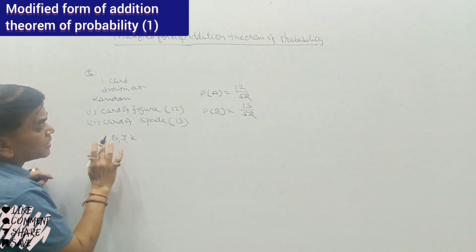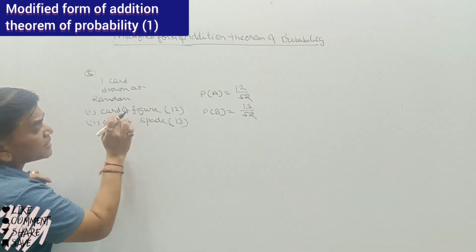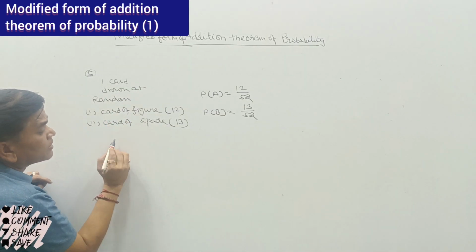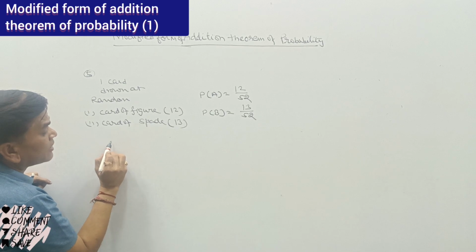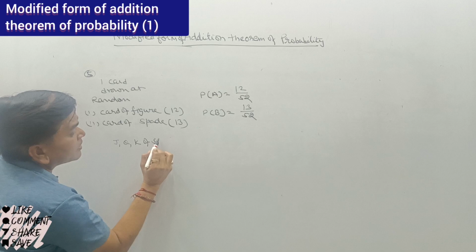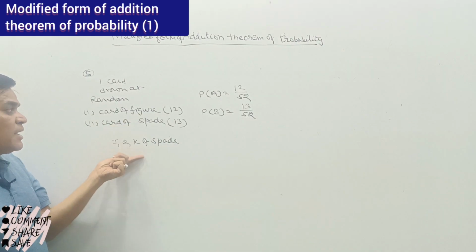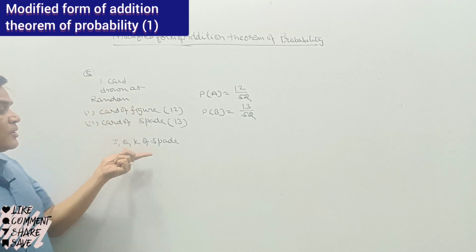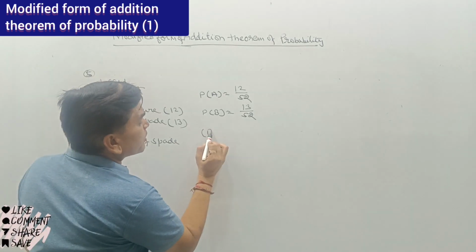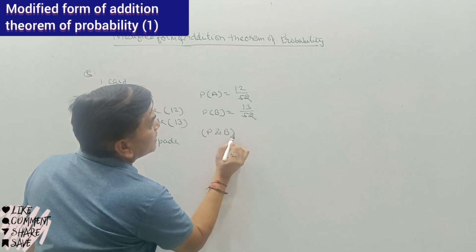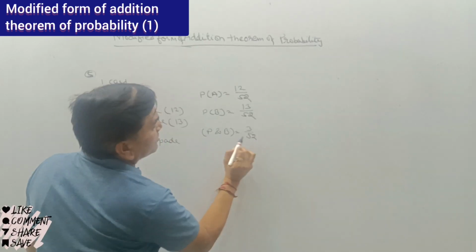But 3 cards are included in both, like jack, queen and king of spade are included in cards of spade and also in cards of figure. So the common probability, probability of A and B, is 3 upon 52.